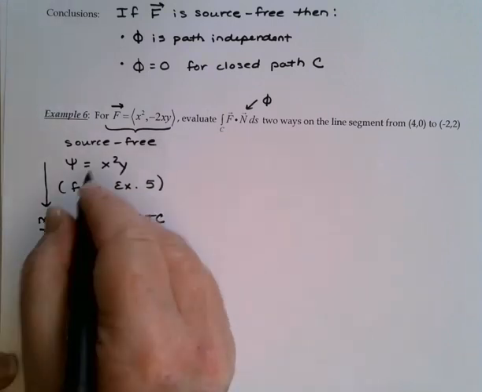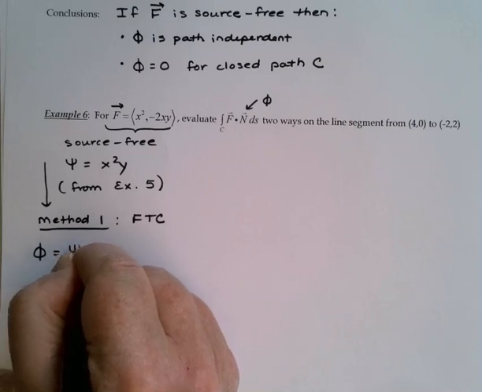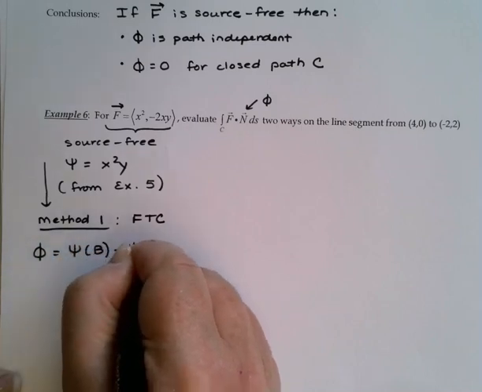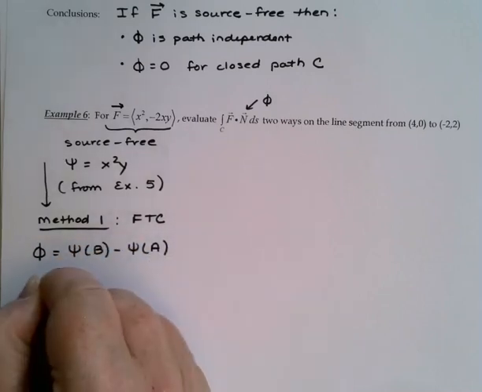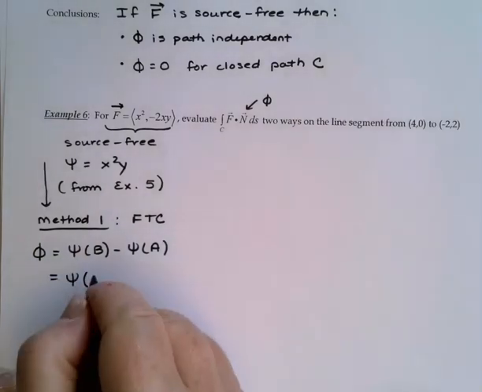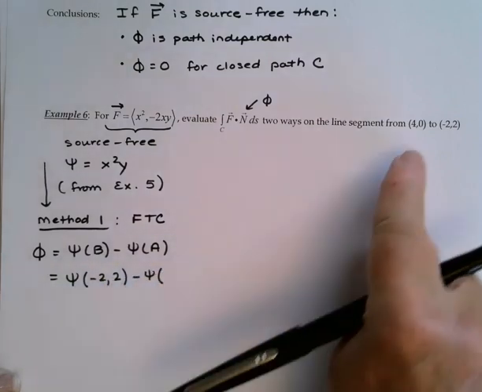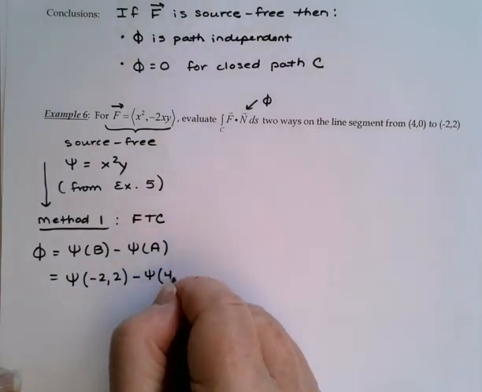We know, since it's source-free and we have the stream function, that the flux is just phi of B minus phi of A. B, the ending point, was (-2, 2). And A, the initial point, was (4, 0).